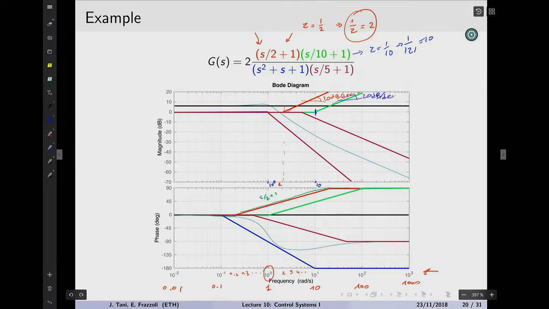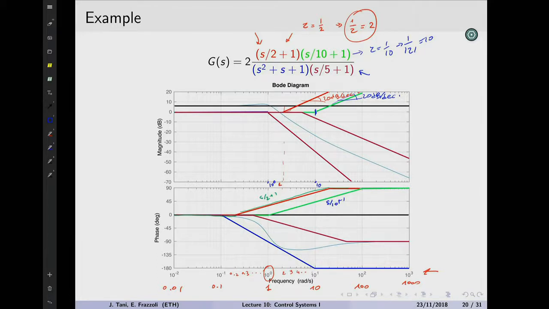Okay? Now, let's look for a second at this term here, which is exactly the same term, but this time it is at the denominator. Okay, so by the way, the phase contribution of s over 10 plus 1 is the same as before. It's 0 up to a decade before the breakout frequency. It's 90 degrees a decade after the breakout frequency. In the middle, you just connect with a line.